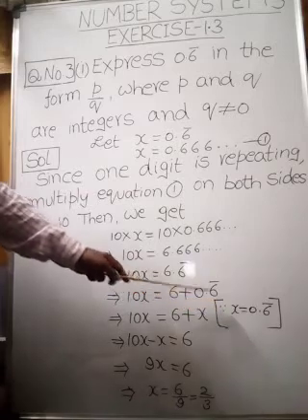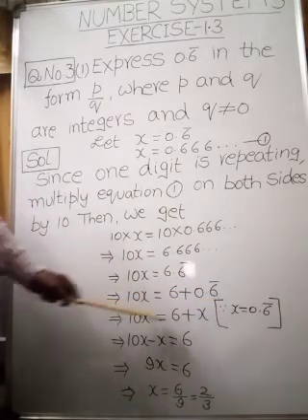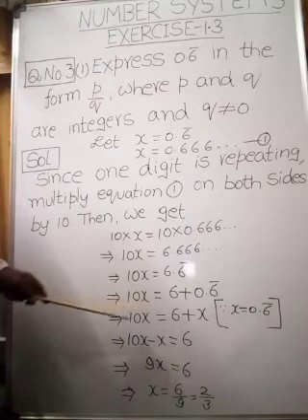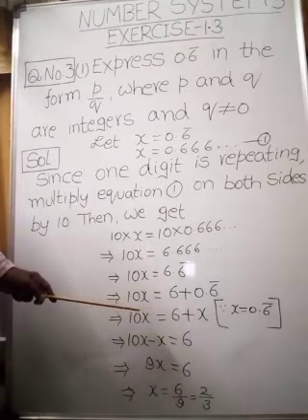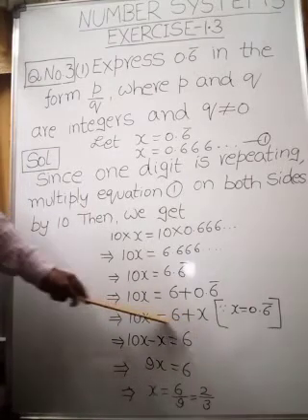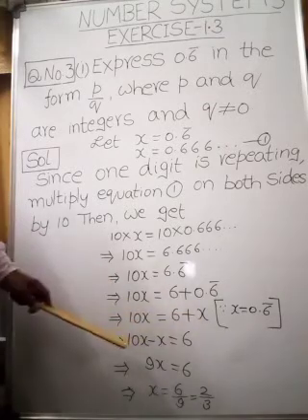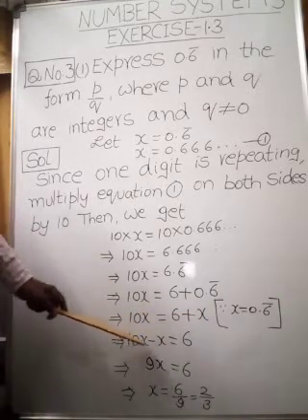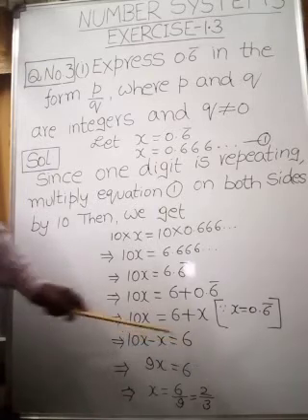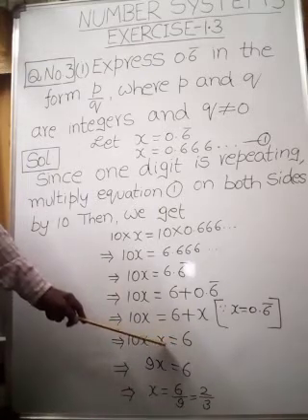Understood this step, my dear children? From this equation we find the value of x. This is a simple equation in x. So we bring this x to the LHS. Then it becomes 10x minus x is equal to 6.